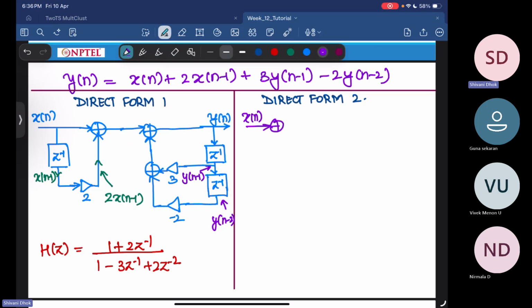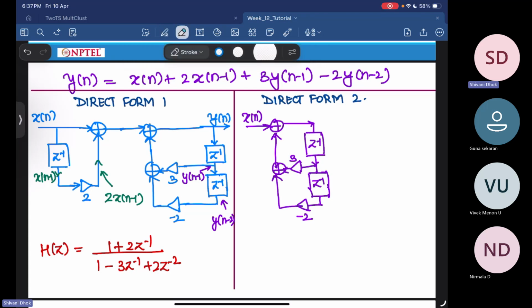So you have a plus like this. Then you have delay blocks. Then you have a gain block of 3. And you have a gain block of -2 like this.